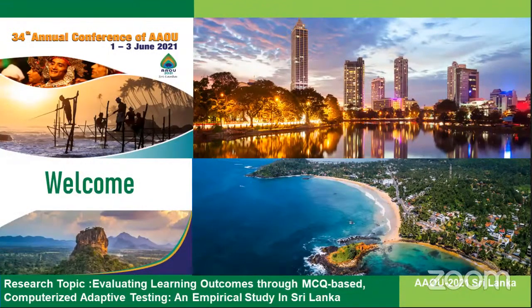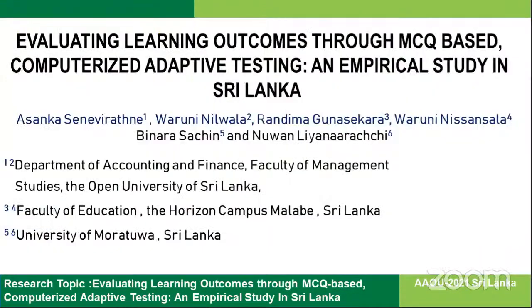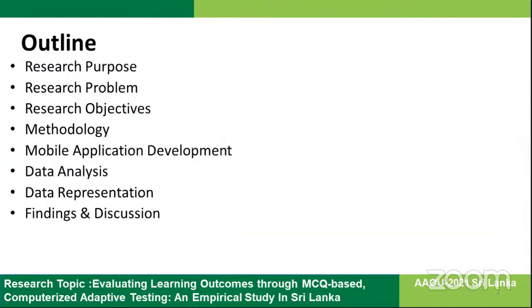Welcome all of you. I am Asanka Seneviratna. My research team consists of Waruni Nilbala, Randima Gunasekara, Vardhani Sansala, Binara Sachin, and Nuwan Dinarachchi. We are from 3 universities. I'm from the Open University, my system developers are from the University of Moratuwa, and others came from the Horizon campus.